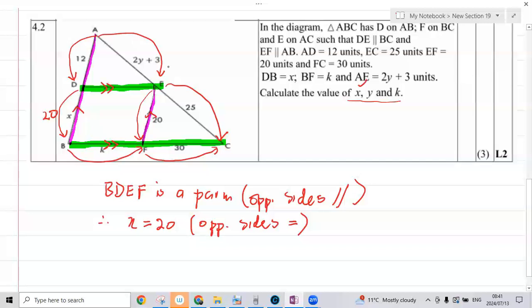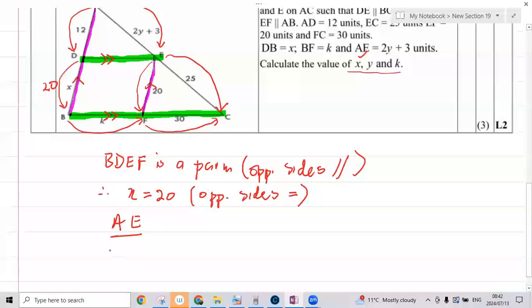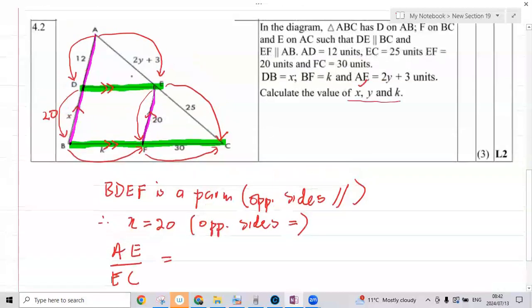We've got here 2y plus 3. We've got AE. Because we've got our pair of parallel lines, we're looking at parallel lines DE and BC. So we can write this now, AE over EC is going to equal AD over DB.